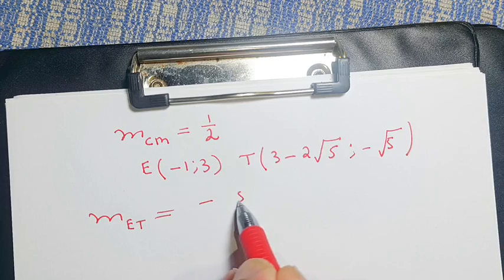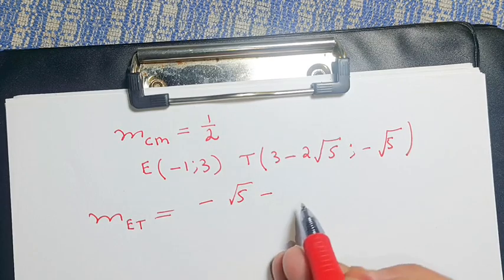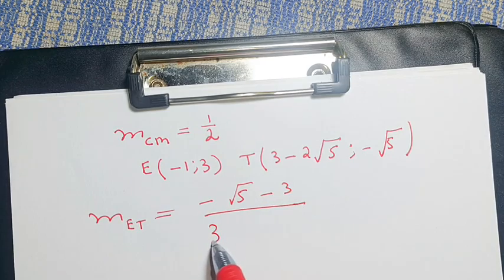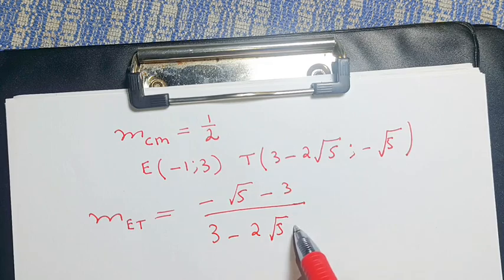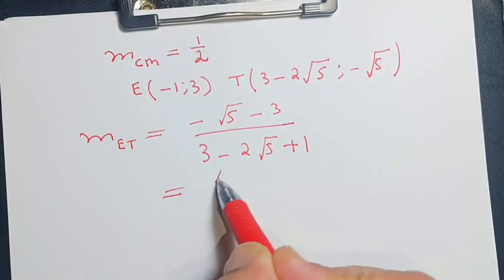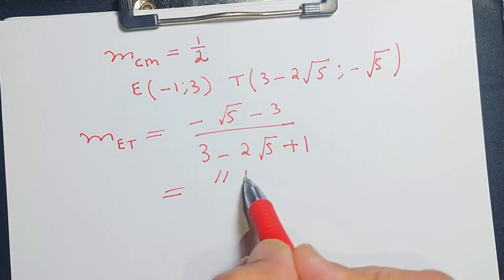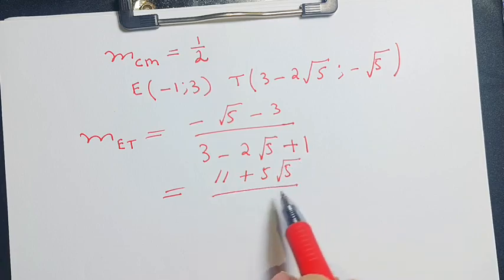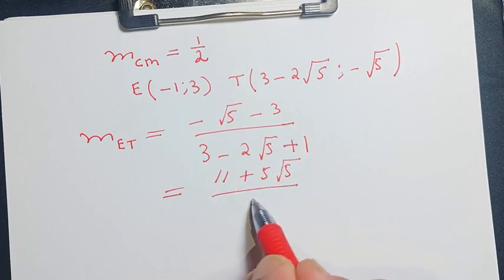So it's going to be negative 5 root minus 3 over 3 minus 2 5 root, x2 minus x1. Negative negative becomes positive because of this negative 1. I'm going to simplify. After I simplify, the answer is 11 plus 5 multiply 5 root over 2.